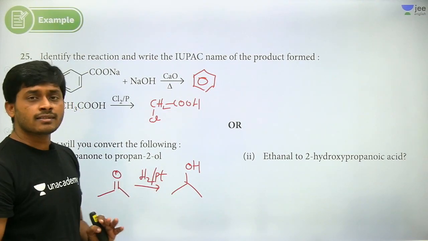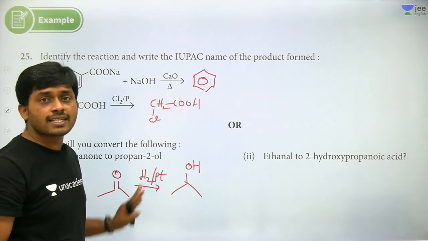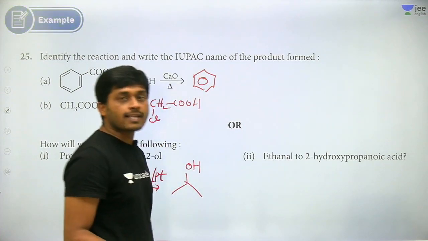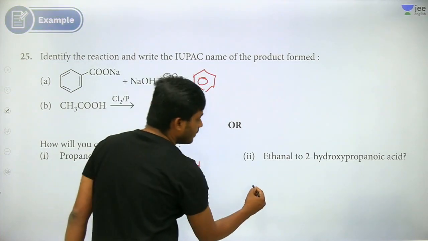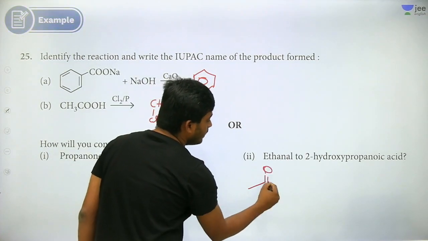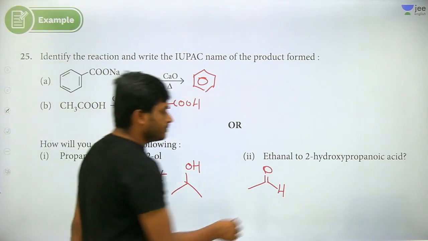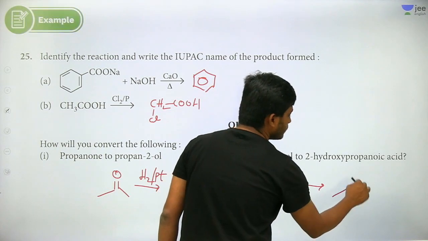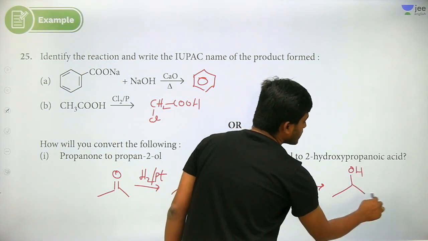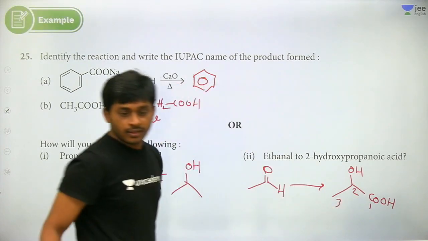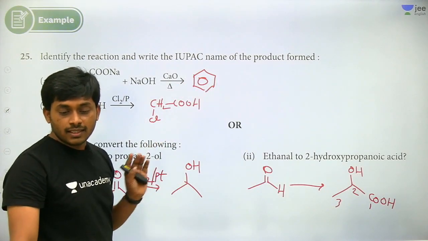So many reducing agents. Just write one reagent name. And here, ethanol to 2-hydroxypropanoic acid. This is ethanol, and this is 2-hydroxypropanoic acid.